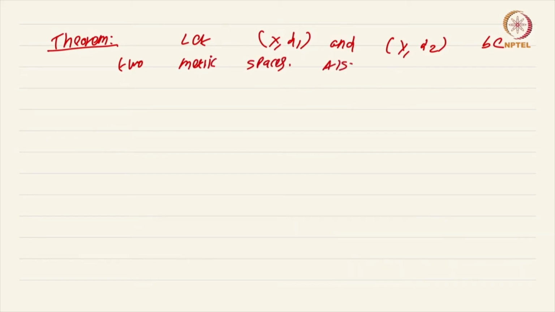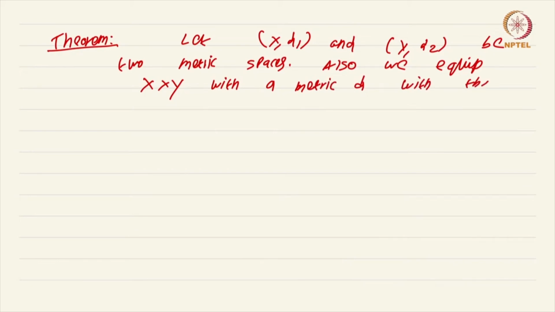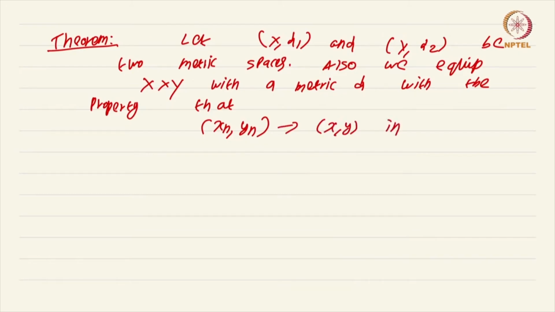Also, we equip X cross Y with a metric D with the property that (x_n, y_n) converges to (x, y) in X cross Y if and only if x_n converges to x and y_n converges to y.